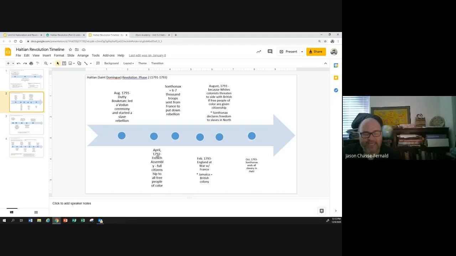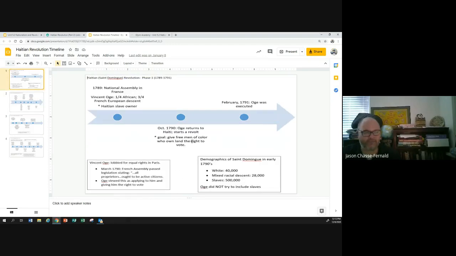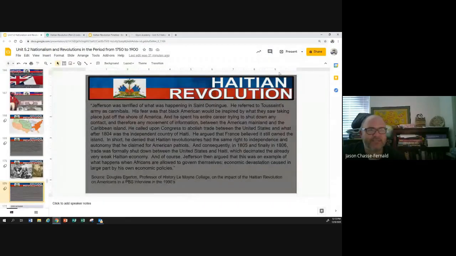By April of 92, literally a year and 2 months later, full citizenship is given to all people of color. So not only what Oge had been fighting for, but way beyond it, is won a year and 2 months later. Just imagine being executed fighting for something that is going to be granted a little over a year later. That always strikes me as an especially sad thing.